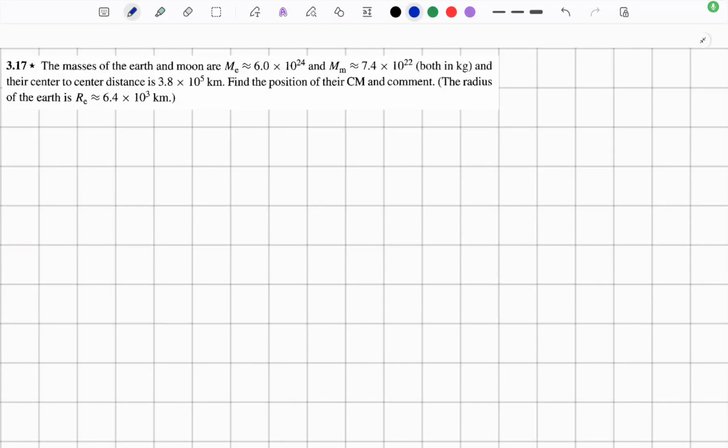All right, we're going to work through problem 3.17. It's a center of mass problem from Taylor's Classical Mechanics. Let's just start with what we're given from the problem here, which is the mass of the Earth, and the mass of the Moon.